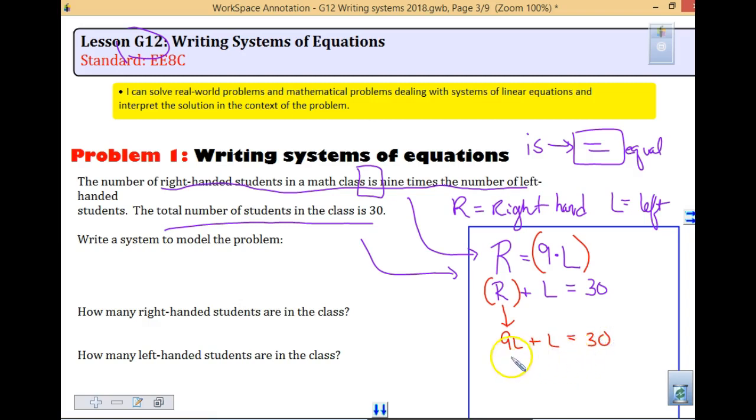And the nice thing about adding 9L plus L is it tells me 10L is going to be equal to 30. And when I divide both sides by 10, the number of left-handed people in my class happens to be 3 people, right? Because I'm taking 30 and dividing that by 10.